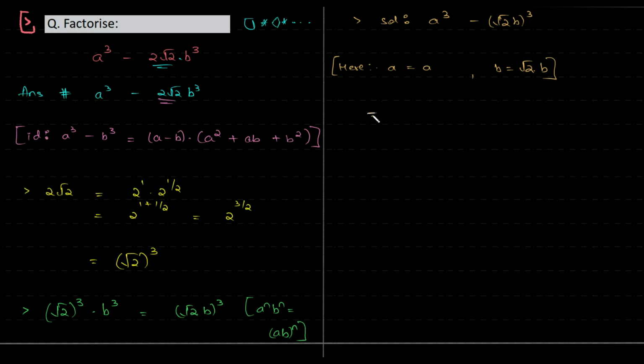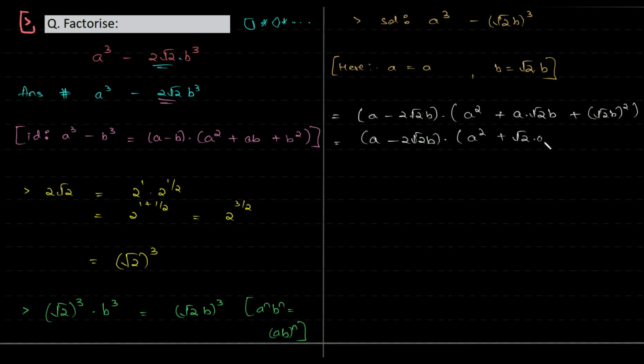So the final answer is, let me write it from here. Final answer is a minus root 2b into a square plus a into root 2b plus root 2b the whole square, close the bracket. A bit of simplification and you have your final answer. This is the simplest form. We can't do much about this. Here we can't do much. This we can rewrite as root 2 into a into b.